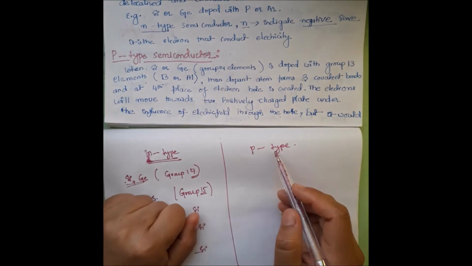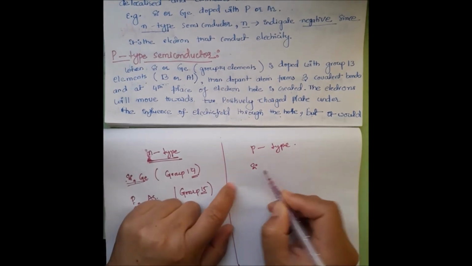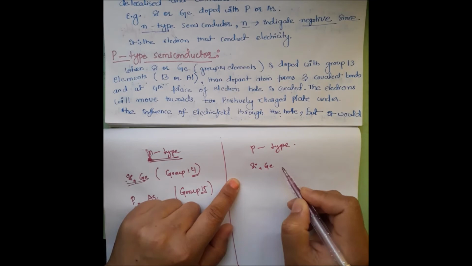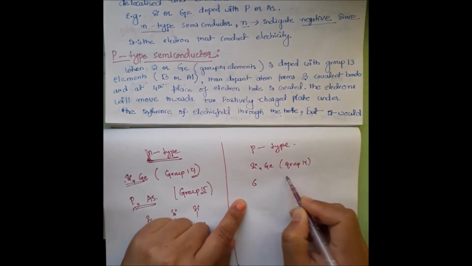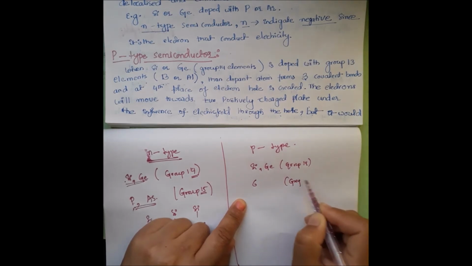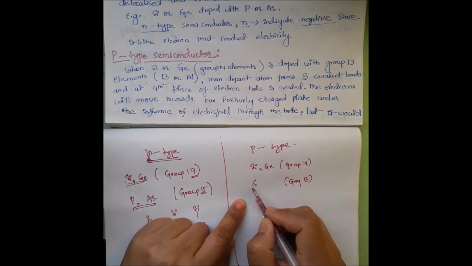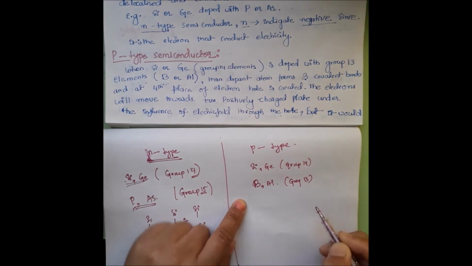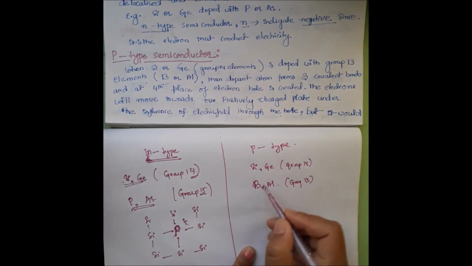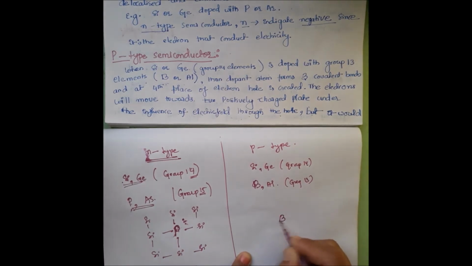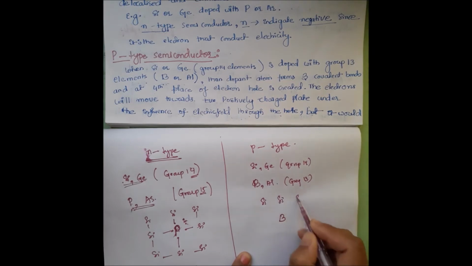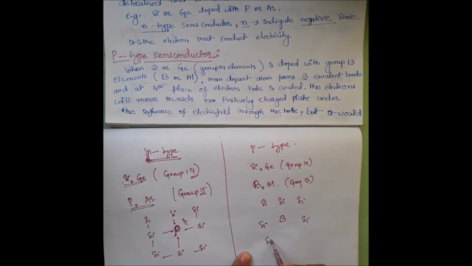Next is the p-type semiconductor. Here again silicon, a semiconductor belonging to group 14, is doped with a group 13 element, like boron or aluminium. The dopant replaces some of the positions of silicon. Boron belongs to group 13, so it has only 3 electrons.